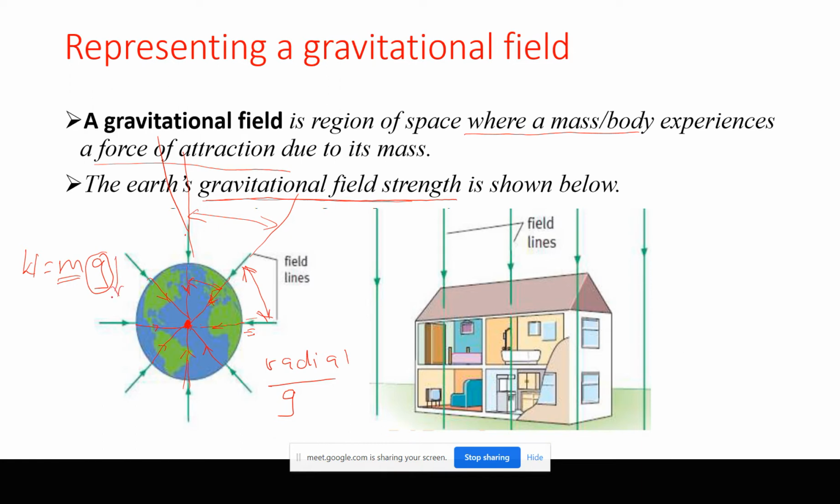If this decreases, it makes sense for this to also decrease. Therefore, the field lines are close to each other towards the center. That implies that the field is stronger as you move close to the center of the Earth. But as you move away from the Earth's surface, the field becomes weaker and weaker and weaker.